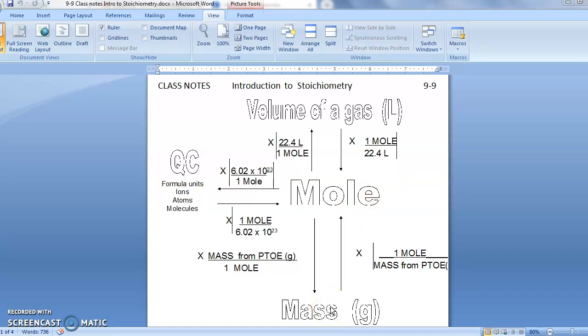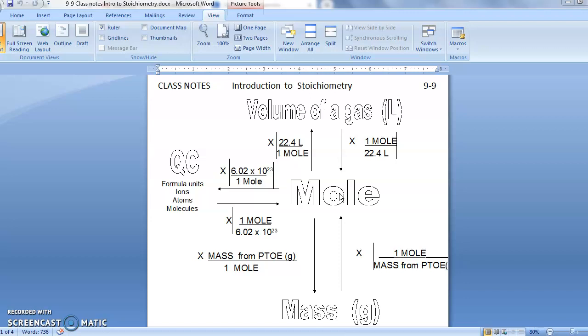But if we knew how much mass we had, we knew how many moles we had. If we know how many moles we have, we know what its mass can be by simply adding up the molar mass from the periodic table of elements. This chart was a very important chart, and at the hub of this chart is moles. Moles are the unifying concept in chemistry.